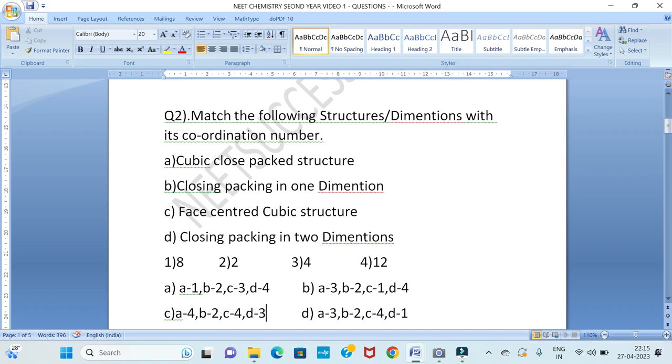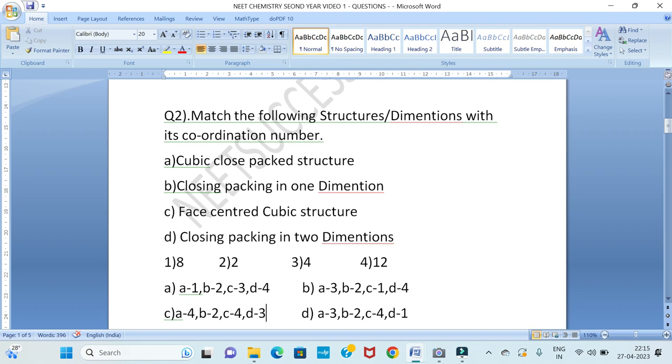Now, cubic closed packed structure and face centered cubic structure. In both there is cube. These are actually the same. Cubic closed packed or face centered cubic structure, both structures are same. Metals such as copper and silver crystallize in these structures. So these both are equal. That is why the fourth option is the same: A4, C4.